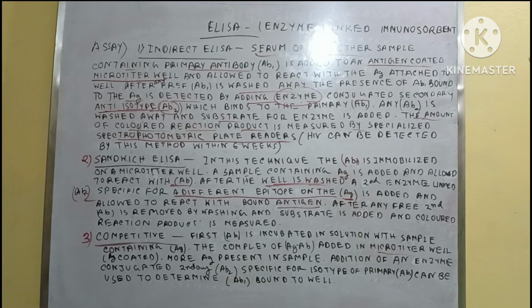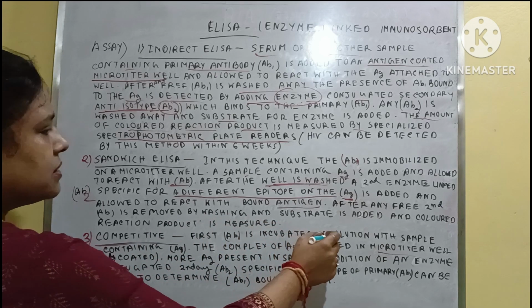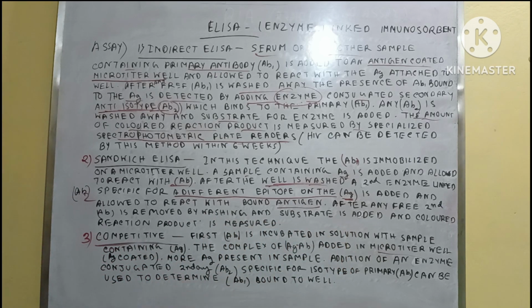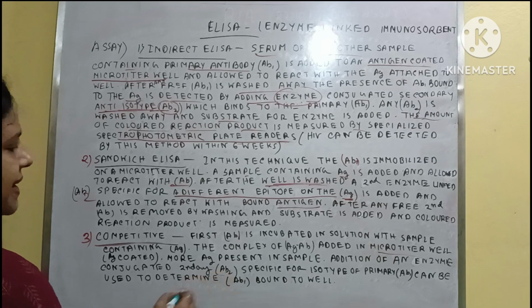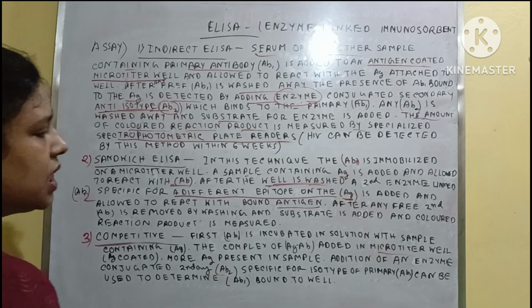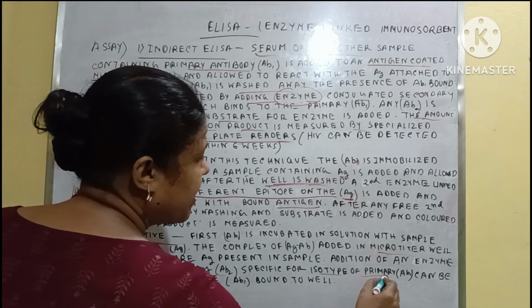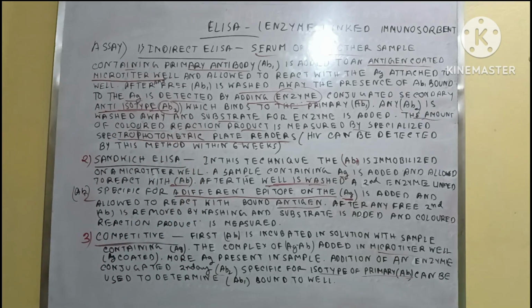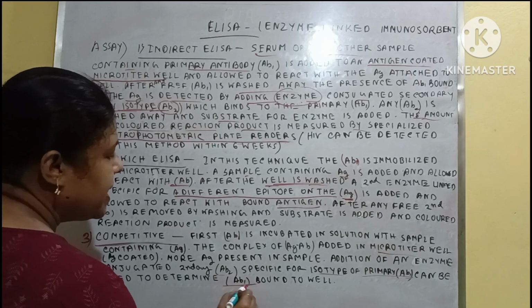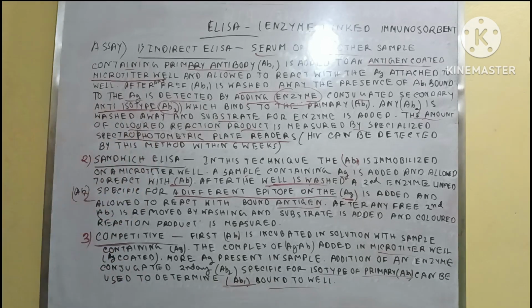Then an enzyme-conjugated secondary antibody, specific for the isotype of the primary antibody, is added, and it can be used to determine the primary antibody bound to the well.